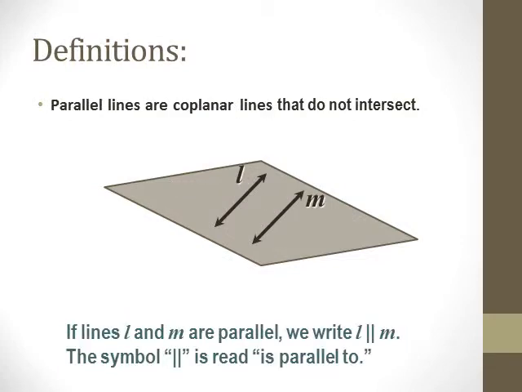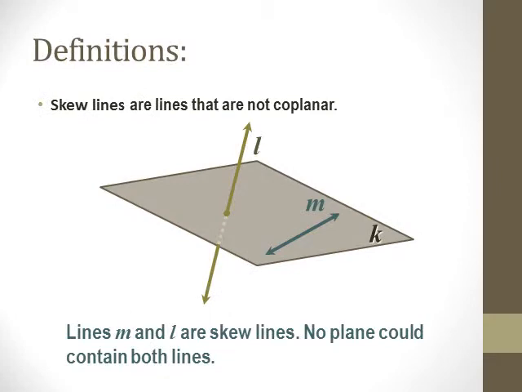Now parallel lines are also coplanar, but they do not intersect. Here is the notation for parallel. I think we learned this in algebra, but just a refresher, the symbol is like a double bar, and it means is parallel to. So L is parallel to M. Now skew lines are lines that are not coplanar.